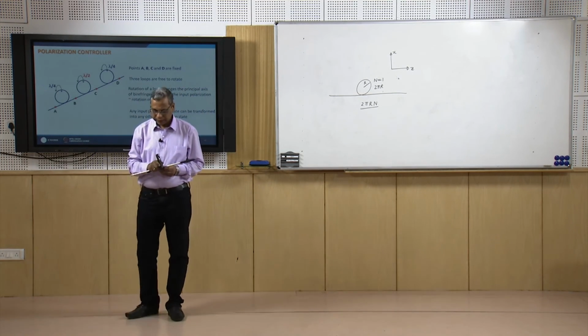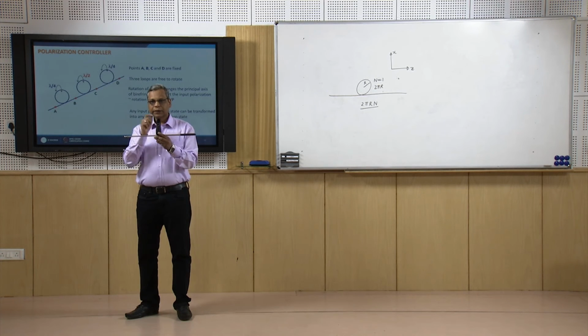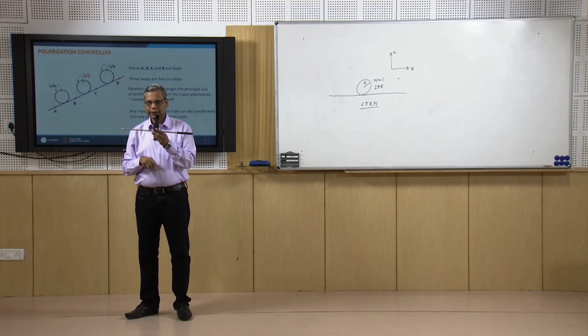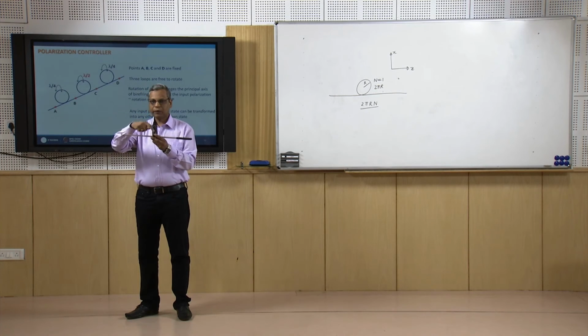You see that if this is the loop, then I have certain principal axis. This is the fast axis, this is the slow axis. When I change the rotation, if I change the orientation of this loop, the fast axis is this and slow axis is this.